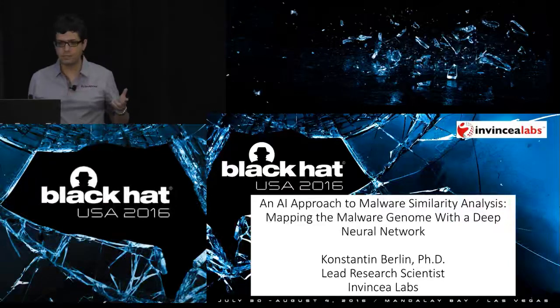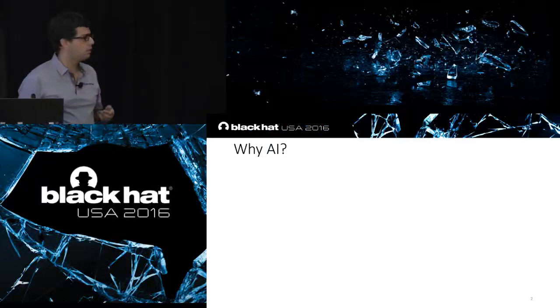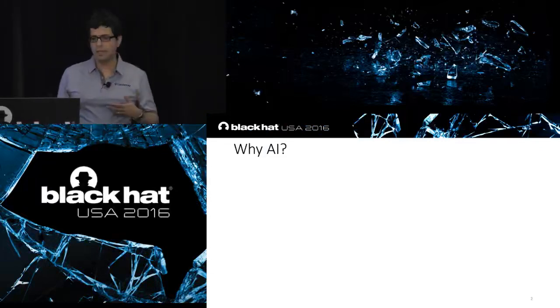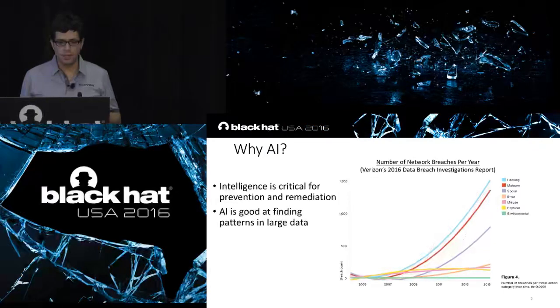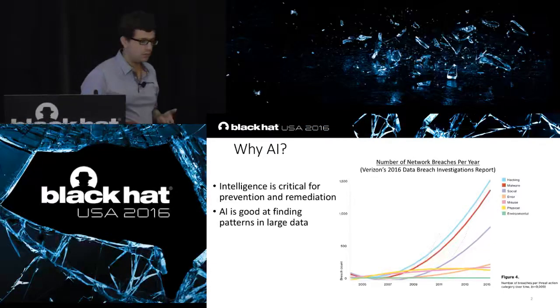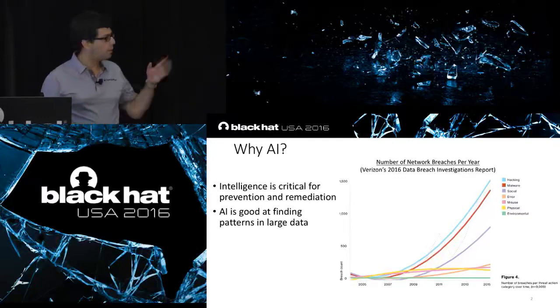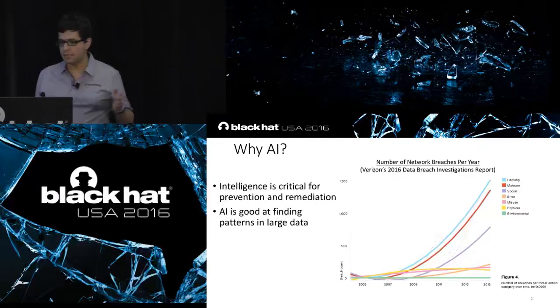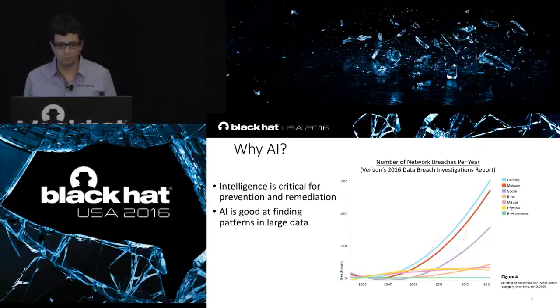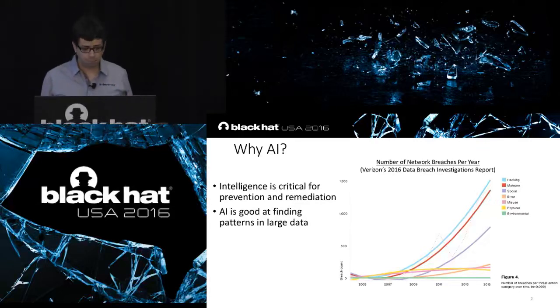Now, the second part is AI. We have malware similarity, but why artificial intelligence? The reason is simply the volume of data that you're currently experiencing. I probably don't need to tell you that the number of attacks on an enterprise network has been basically increasing exponentially.